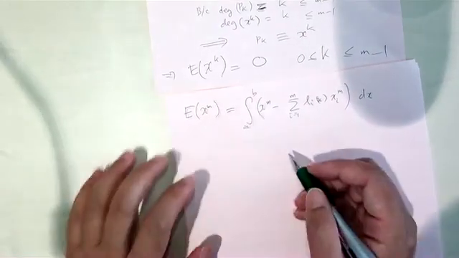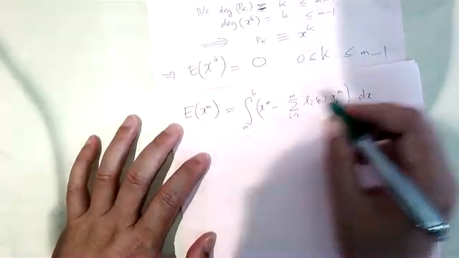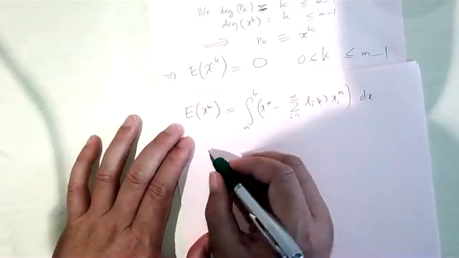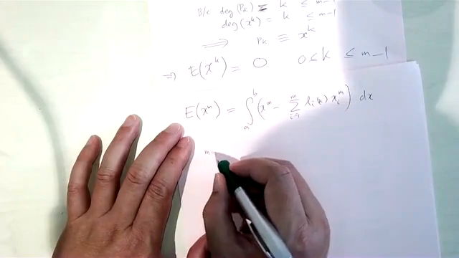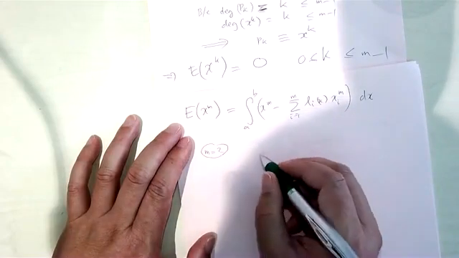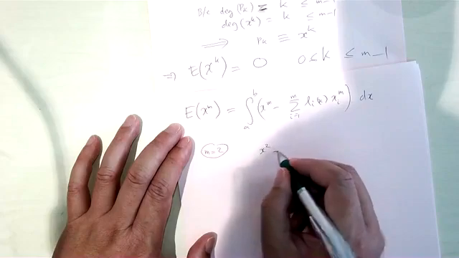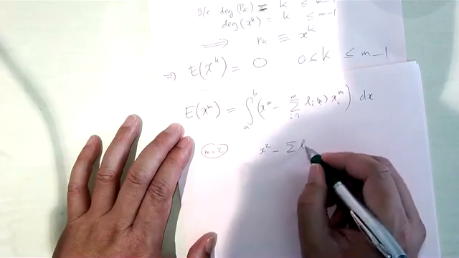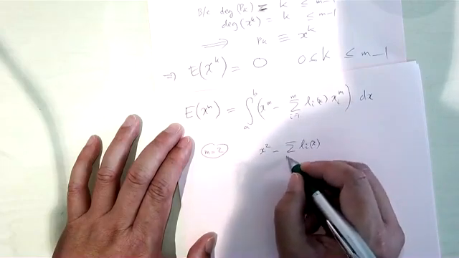And now, what can I claim about this? Suppose I have, say, m equal to 2, and then you have x squared minus the sum of l_i(x) x_i squared, i from 1 to 2.